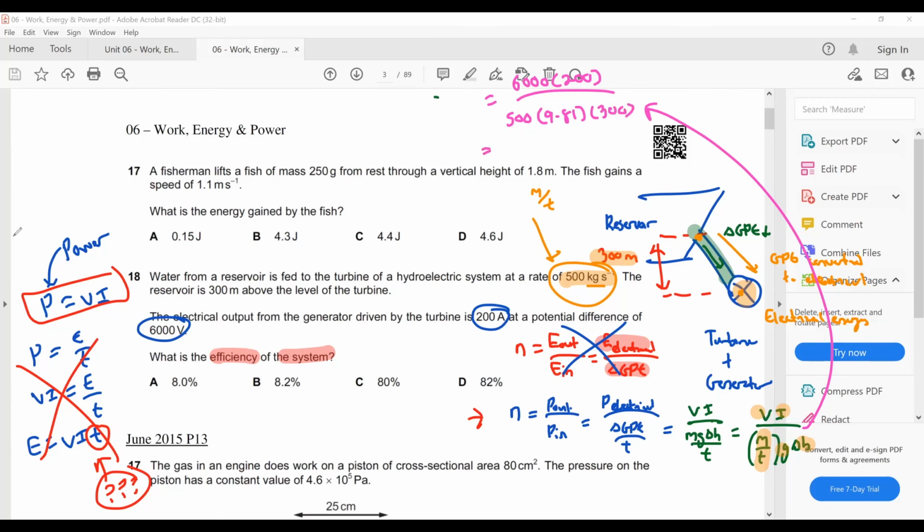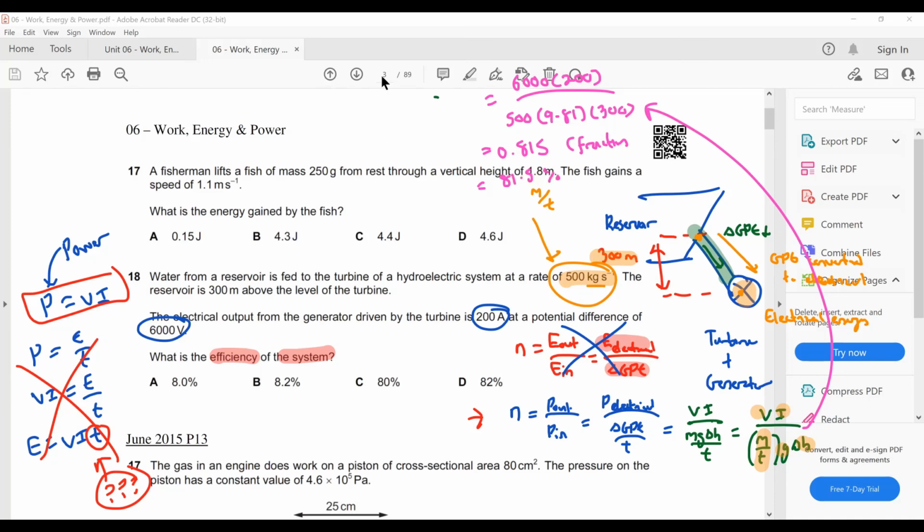So it will be 6,000 times 200 divided by 500, divided by 9.81, divided by 300. You're going to get 0.815. But this is in fraction form. You want to change it to percentage form, you just multiply by 100%. So it's 81.5%.